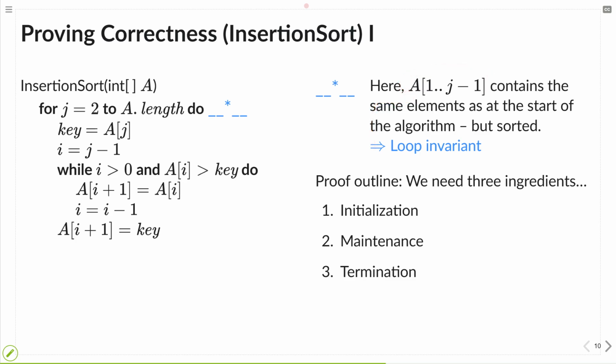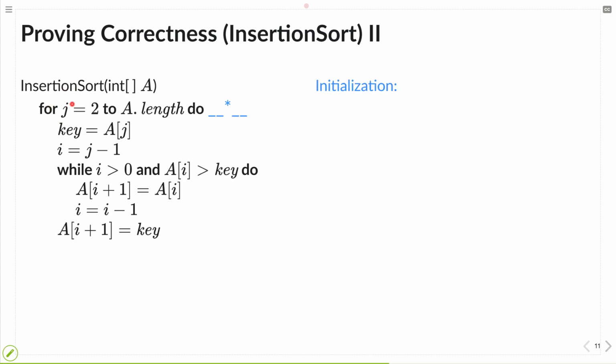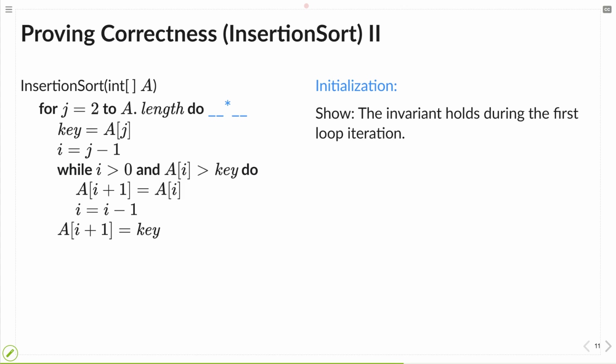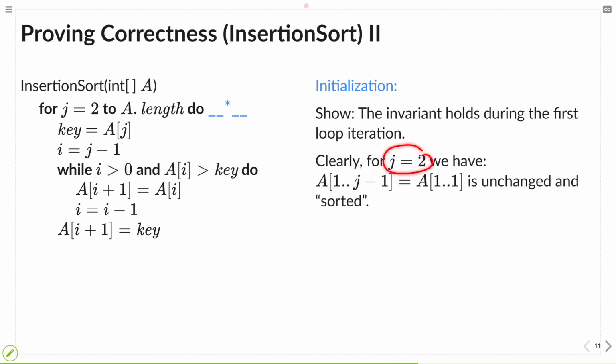At the beginning of the first iteration, j is 2, meaning that A[1 to j minus 1] is simply A[1 to 1]. So the first element should contain the element that was initially at that position, in sorted order. We didn't change anything yet, so the same element is still there, and as a single element, it's also always sorted. So check.